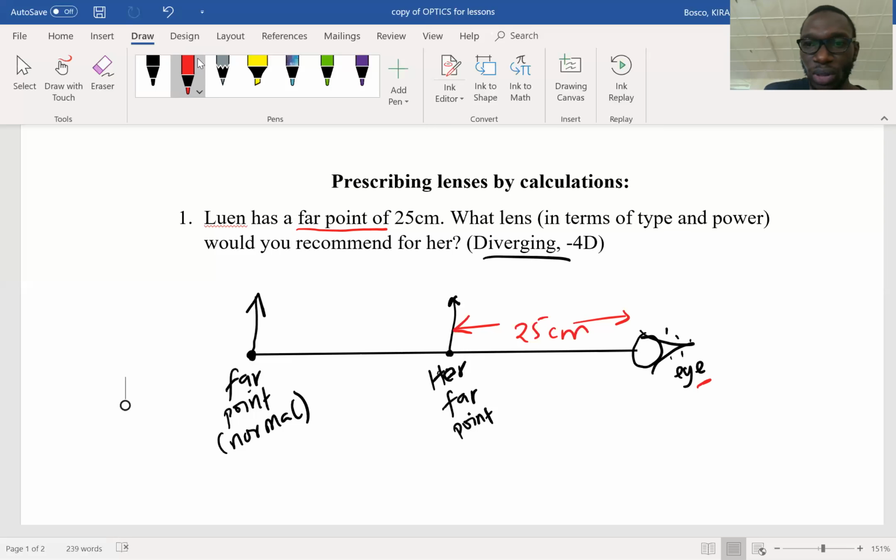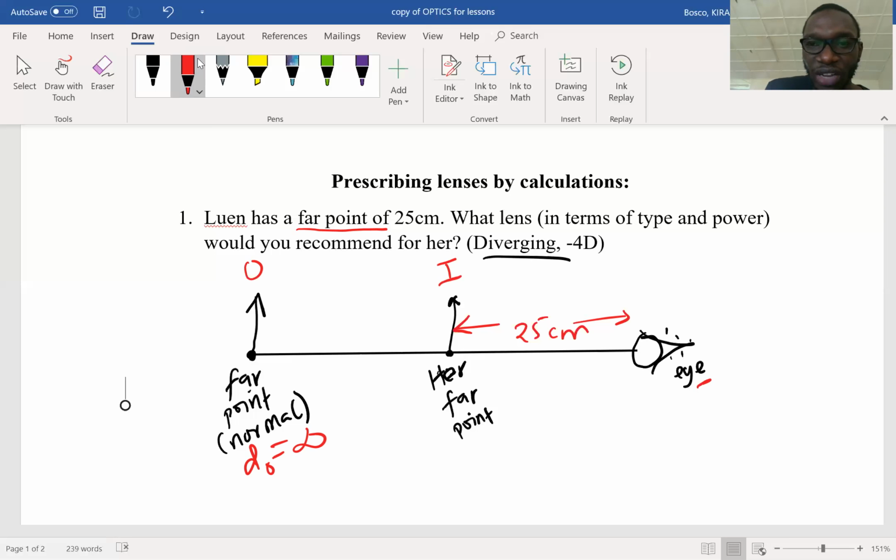So let's try to get a solution to this problem. The far point is supposed to be infinity. So what we are striving to get is, we want to get all objects which are at infinity, the object. So that's the object. We bring the image here at the far point of this lady.